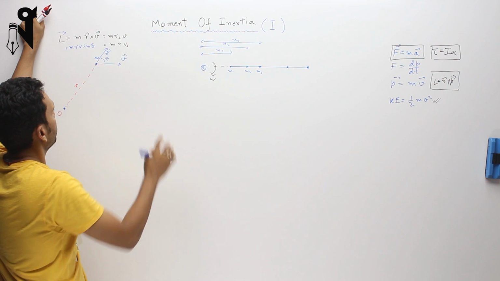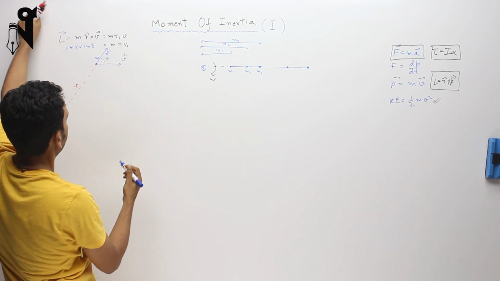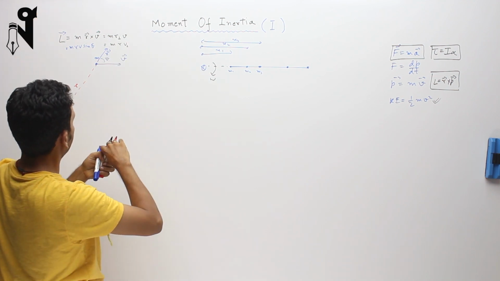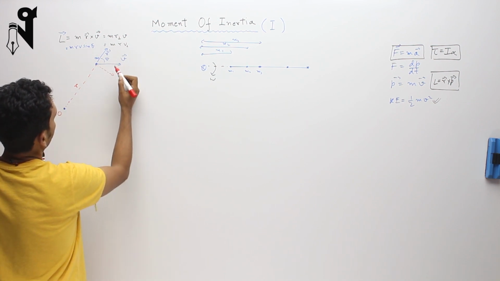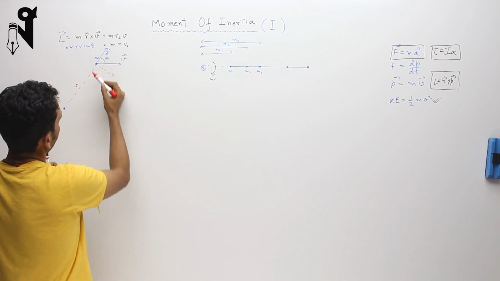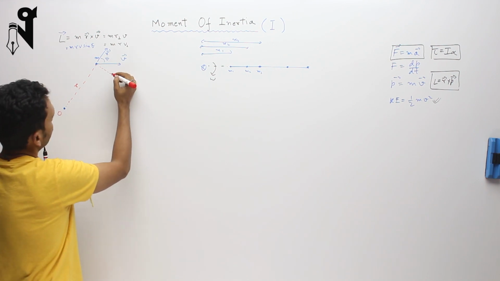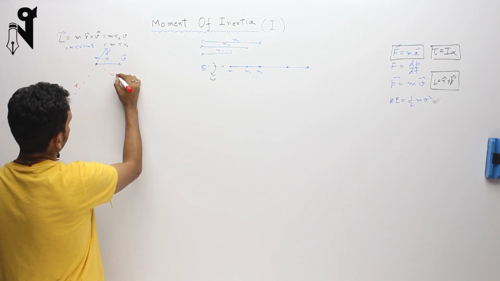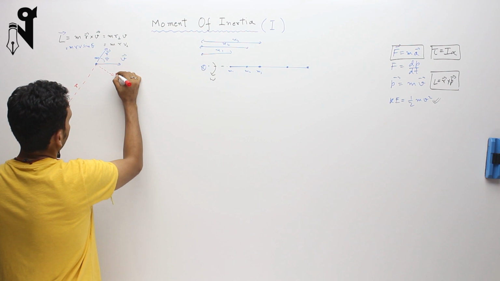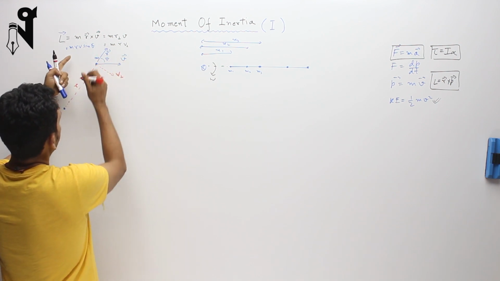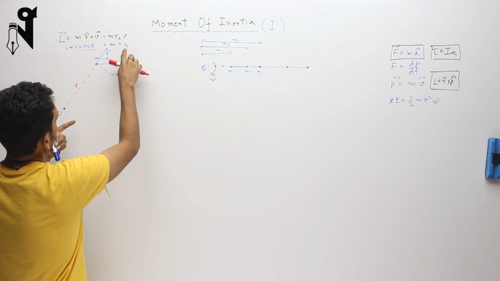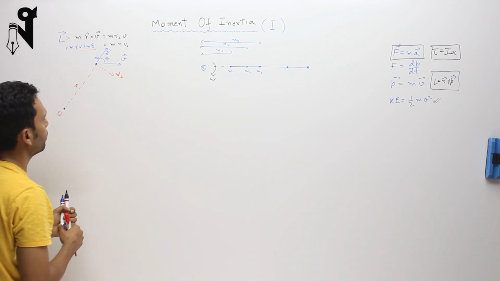Now what is this R perpendicular and V perpendicular? We could have broken our V in two parts, along the R and perpendicular to the R. Perpendicular to the R, I'll call it V perpendicular, and that value of V perpendicular would be V sine theta. So it is R V perpendicular.